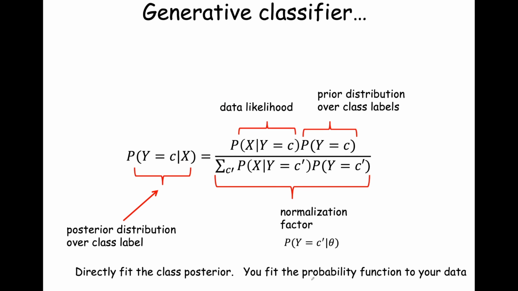And so for our generative classifier, we have a posterior distribution over the class label, the probability of y given some class or target, that could be spam or ham in the example we gave. We have the data likelihood, the probability of our data given our class label, times the probability of the class label.